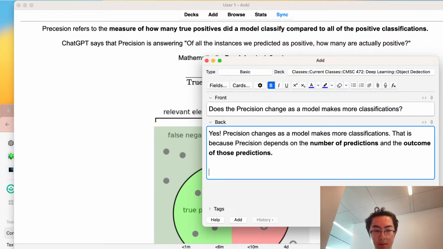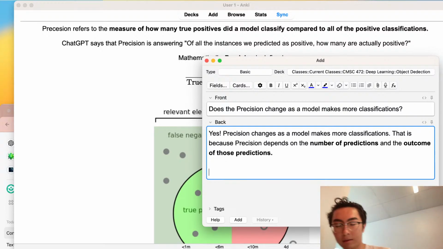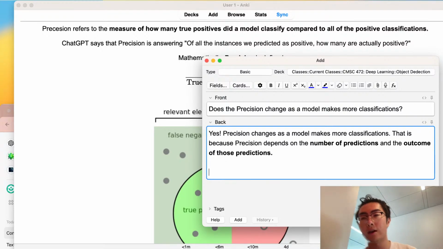Okay. Right, so I guess if you were to make false negative and true negative predictions, our model wouldn't care for precision.